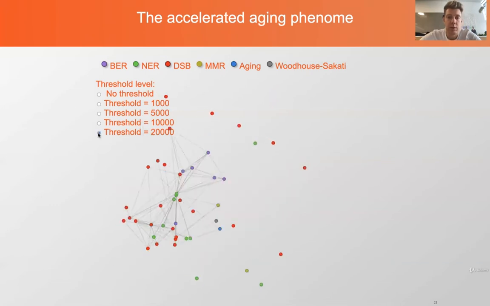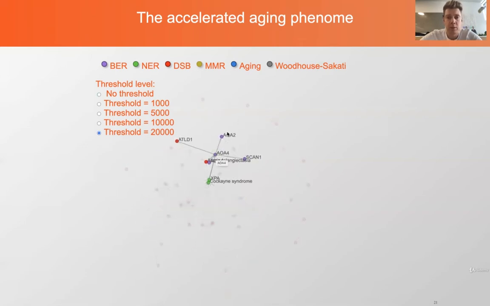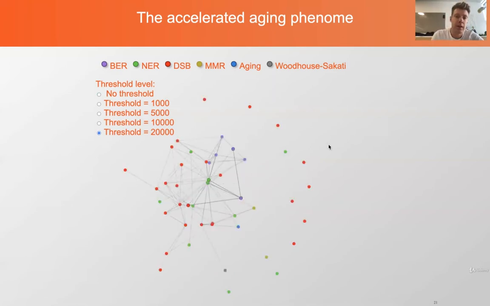We can also increase the threshold. And here maybe something comes out. You can see the purple diseases. These are base excision repair diseases, and they do seem to maybe form more of a cluster, but it's not a clear cut. Again, highlighting that we have very limited understanding of how the enzymatic defects found in these diseases translate into a phenotype.